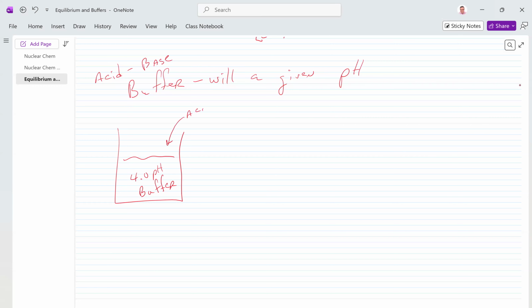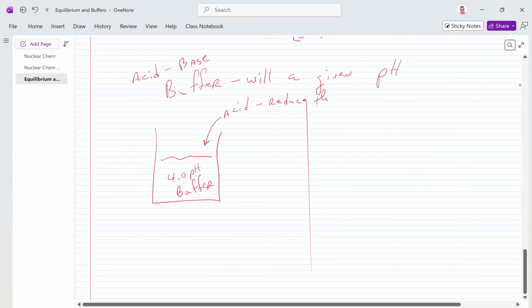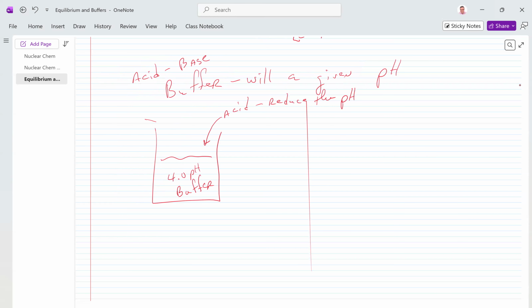acid, adding in the acid will reduce the pH. If we add in a base, it'll raise the pH. So that's how it maintains the pH 4.